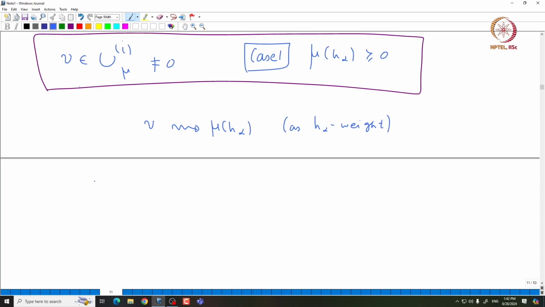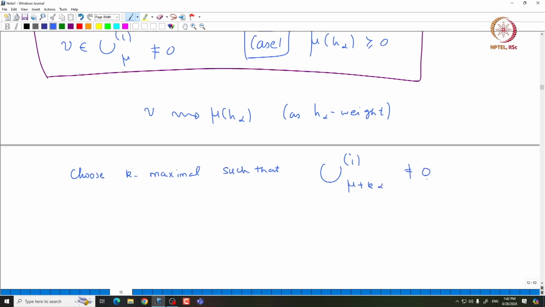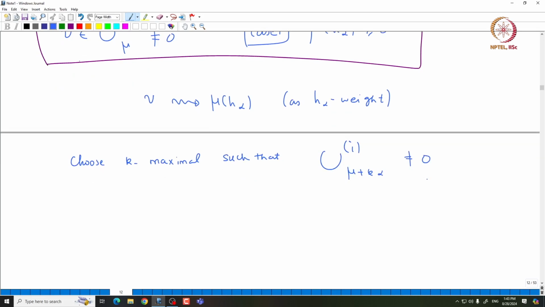For that purpose, let us start with the maximal element. Okay. Choose k maximal such that this U I mu plus k alpha is non-zero. Such a maximal k exists because we are all working in finite-dimensional spaces. Okay. So, we can't keep on adding multiples of alpha. We have to stop at some point. You choose k maximal such that this is non-zero.